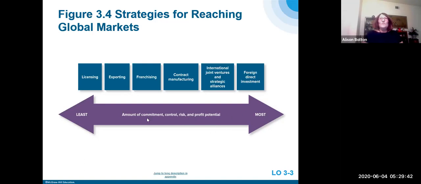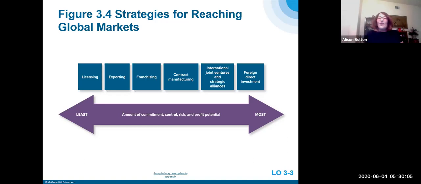And when we think about different kinds of businesses, we are looking at businesses that do licensing, exporting, franchising, contract manufacturing, international joint ventures and strategic alliances, and then foreign direct investments. Those are the most risky.